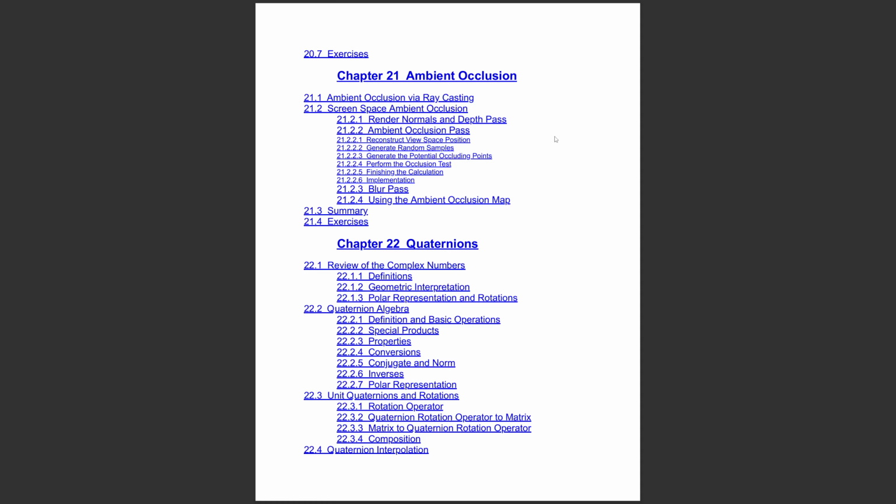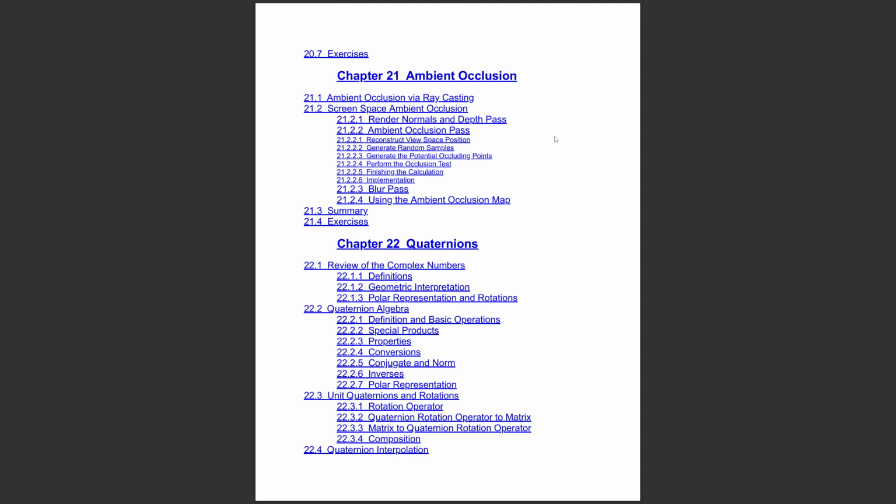And then we have quaternion algebra, which is very complex linear algebra. And we'll be talking about the definition and basic operations of the quaternions. We have special products of quaternions, their properties, their conversions, and how they conjugate and norm. And we have inverses of quaternions, and then we have a polar representation of quaternions.